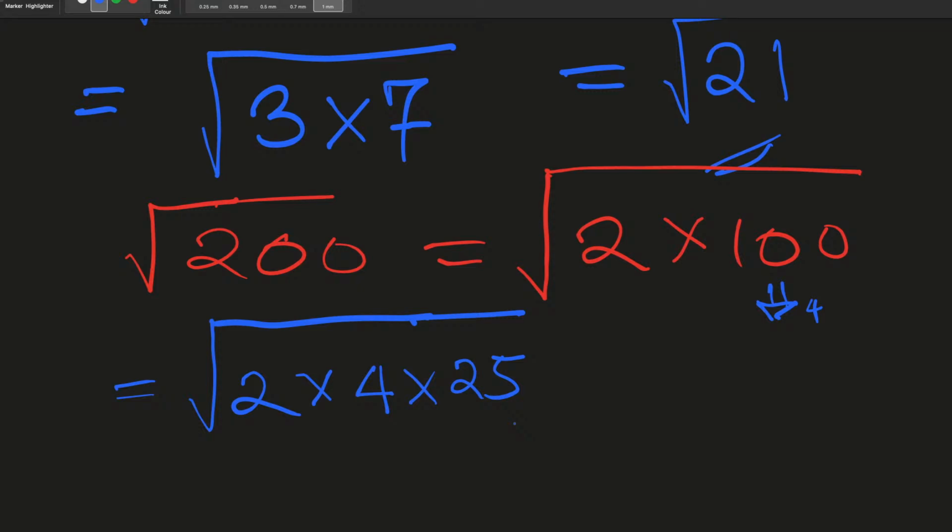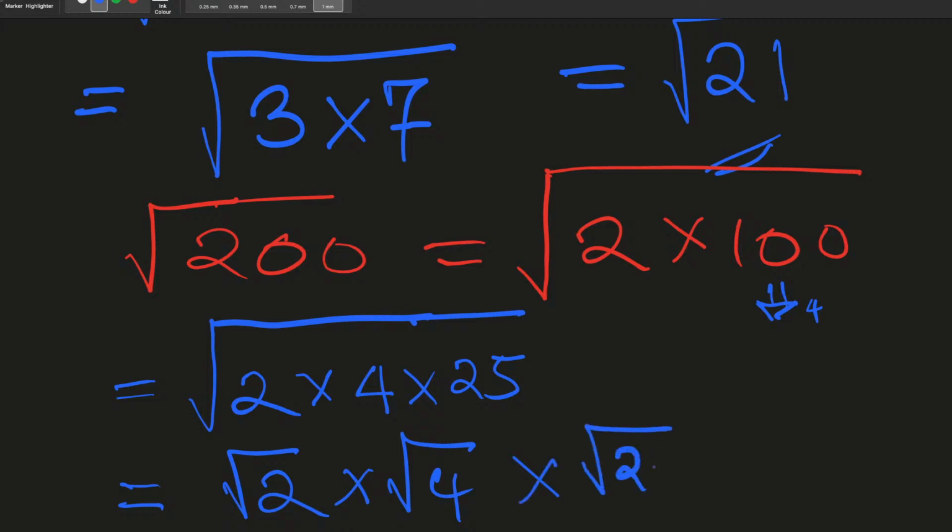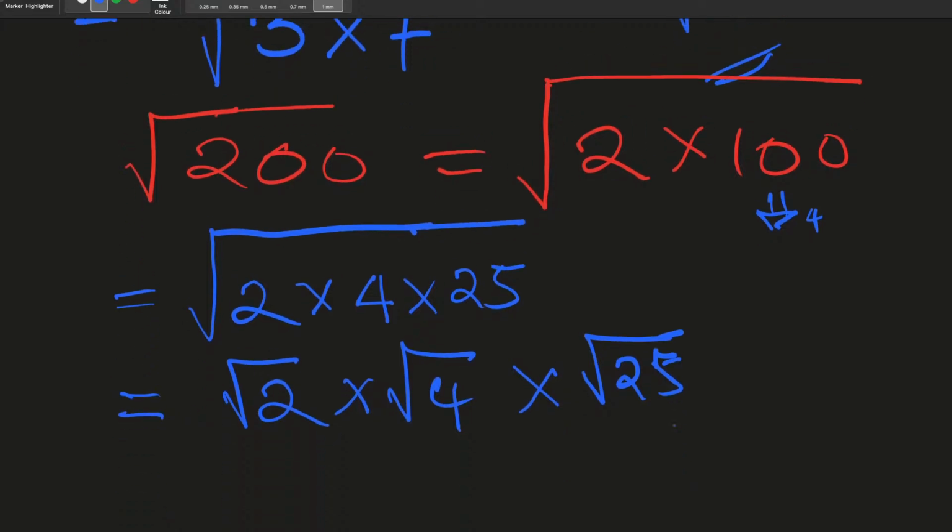Now we have to further split the values we have. So we say this is the square root of 2 multiplied by the root of 4 times the root of 25. You see, we haven't really done anything; rather, what we have done is to find the expansion.